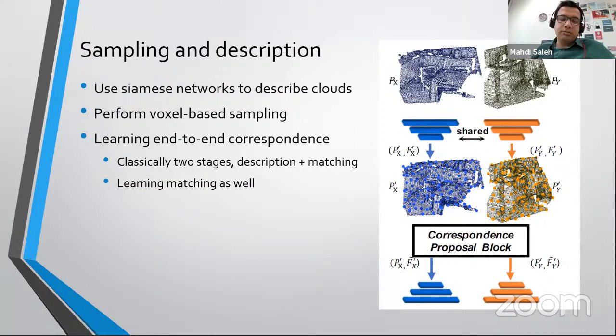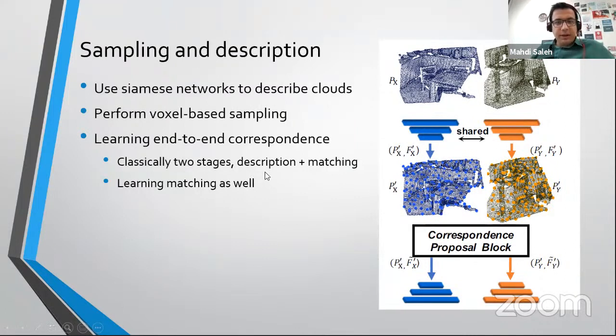It's different from, for example, furthest point sampling, but it's much more efficient, and it basically makes sure that per voxel grid cell you have one representative sample. And we do a correspondence block, which I will present shortly.